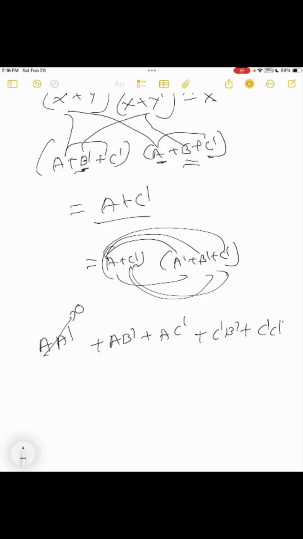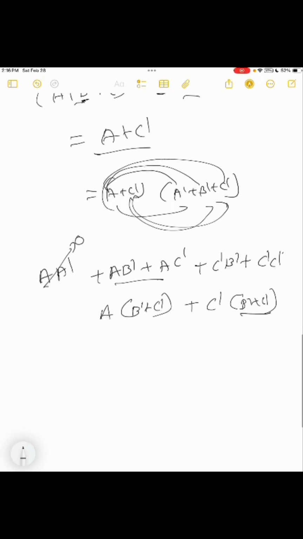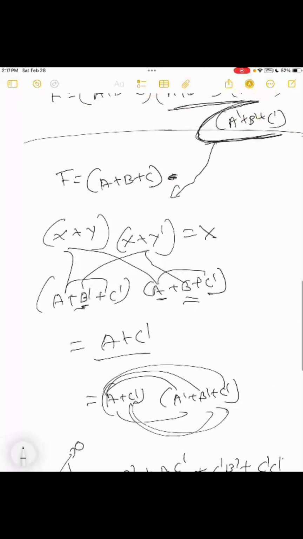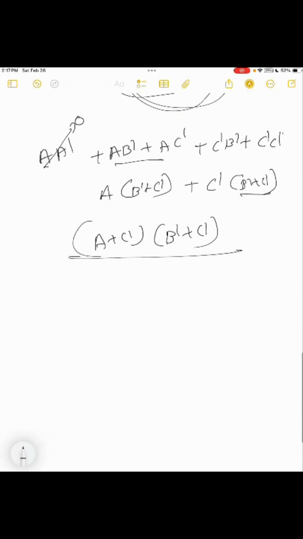Or we can just take out the A from here, so B dash plus C dash, and taking the C dash from here, so B dash plus C dash, taking the B dash plus C dash out, so A plus C dash times B dash plus C dash. That's the final answer for that term, but we are still left with A plus B plus C. So the simplified POS of f will be A plus B plus C times A plus C dash times B dash plus C dash.